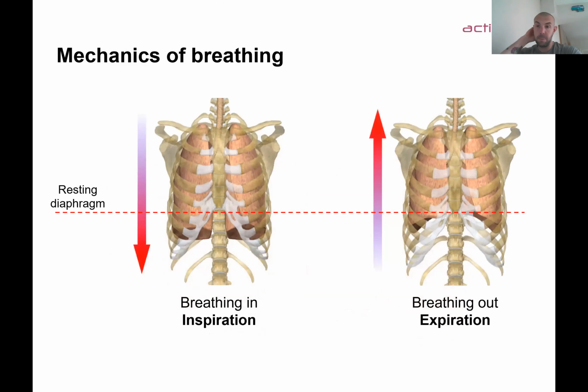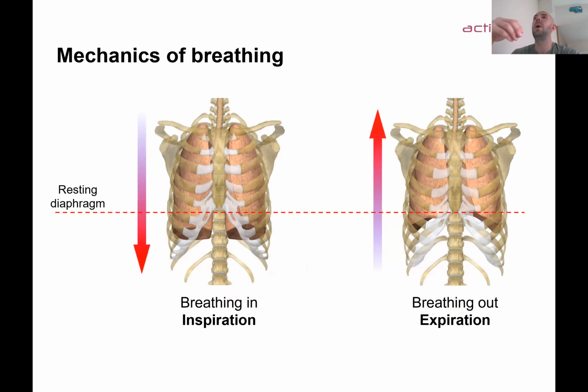With the mechanics of breathing, we've got a diagram showing what happens. The diaphragm sits about here on this line, this resting line. And what happens is when we breathe in, the diaphragm drops and pulls down. That changes the internal pressure inside of the lungs, and it draws air in.